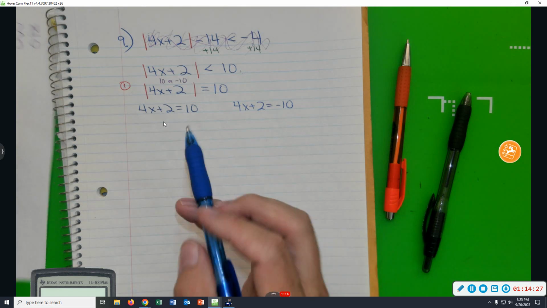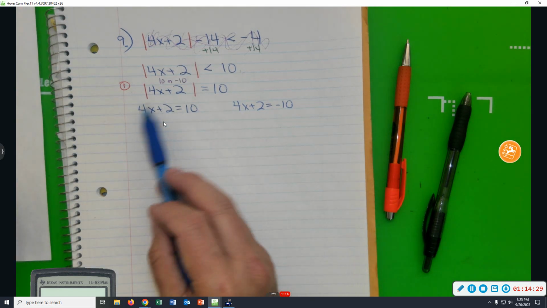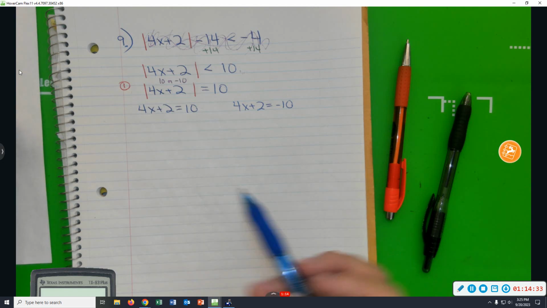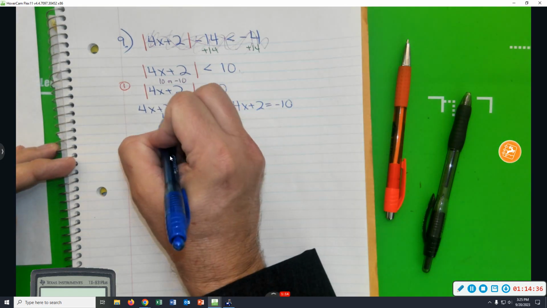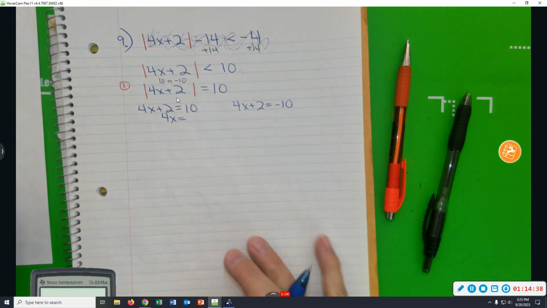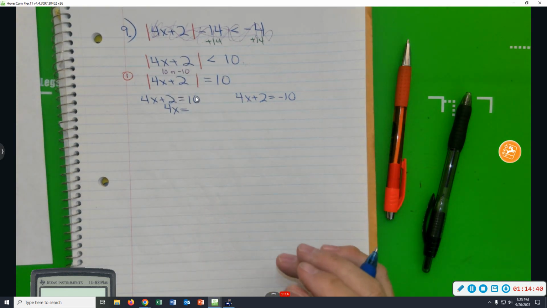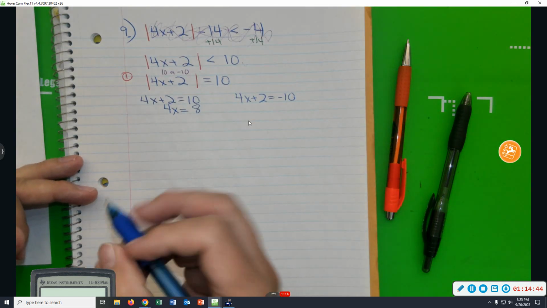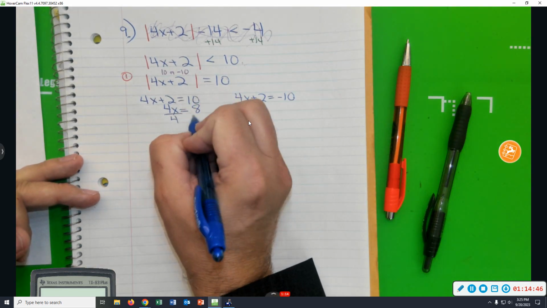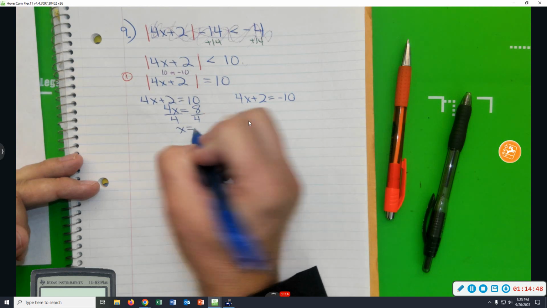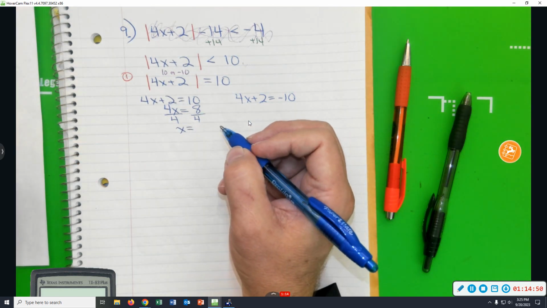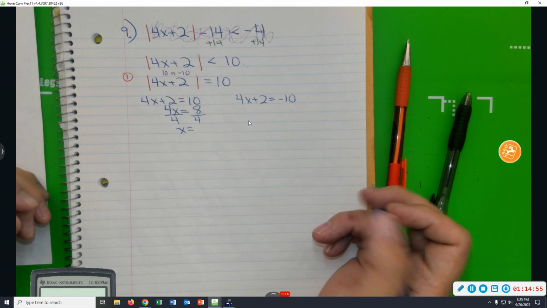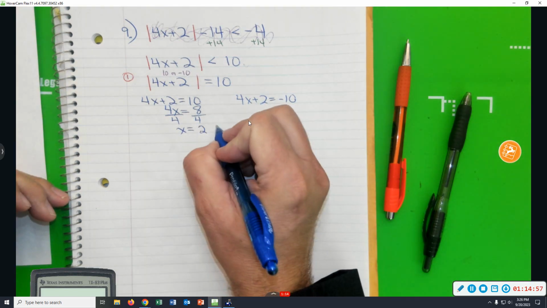So what will I do here? Minus the 2 to give us 4x equals 10 minus 2 is 8, and then divide by 4 to give us x equals 2 for my first solution cut point.